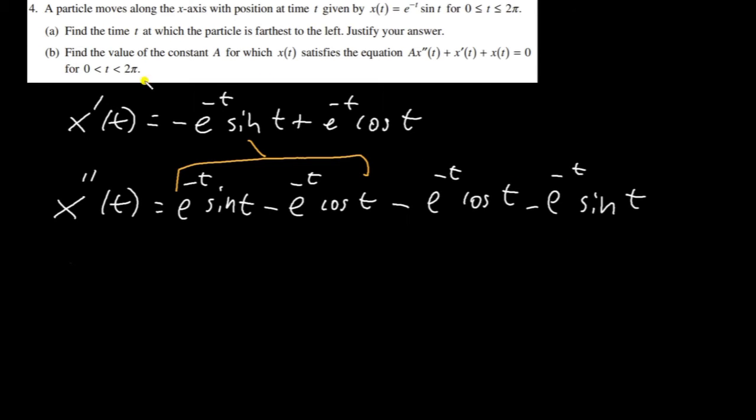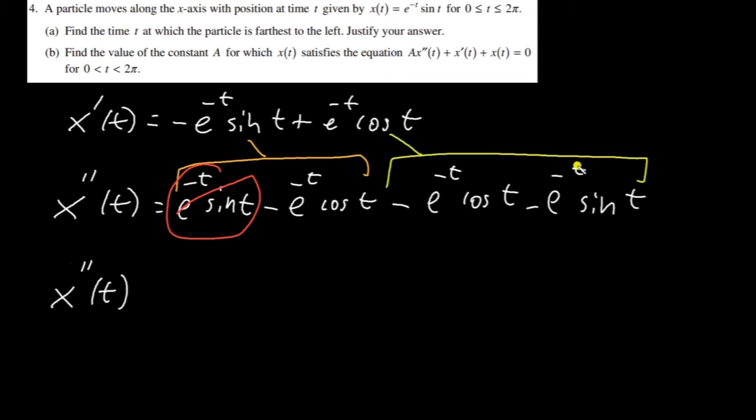That part came from here. Okay, so now that we found the second derivative, let's simplify this a bit. Notice we have an e to the negative t sine of t, and then here we have a minus e to the negative t sine of t. So these two things will cancel out.